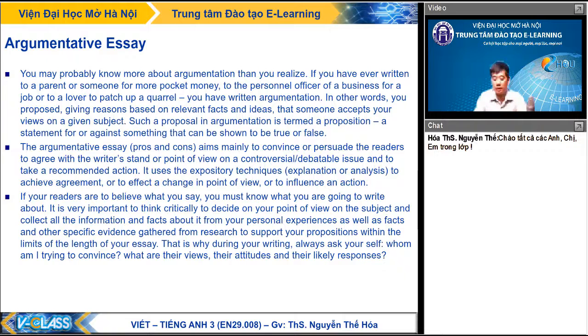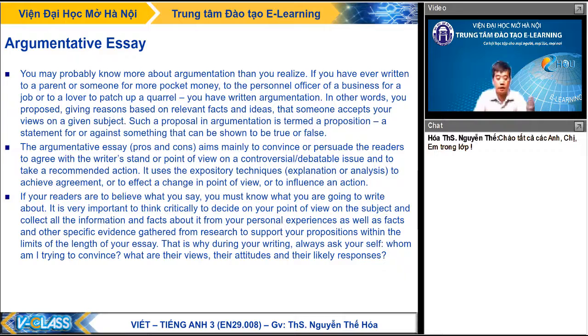In the argumentative essay, you have to mention the two aspects, that is, for or against. In other words, we say pros or cons. The aim of this is to convince or persuade the reader to agree with the writer's stand or viewpoint on a controversial or debatable issue, and to take a recommended action.